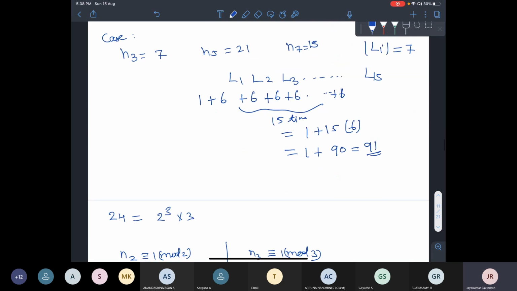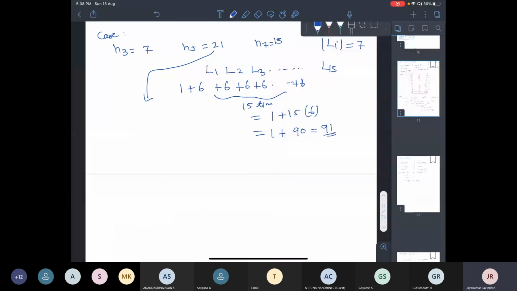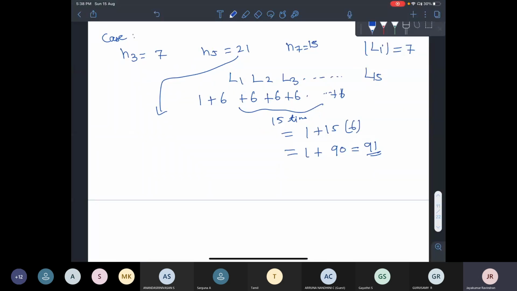Now, I mean, I'm saying that the Sylow 5-subgroups are K1, K2, up to K21. Each Ki is of order 5, so I count 4 elements each.